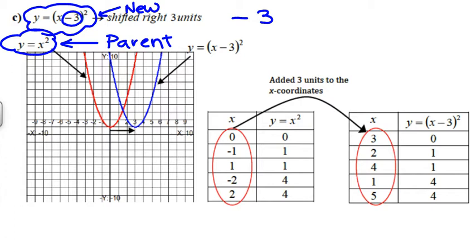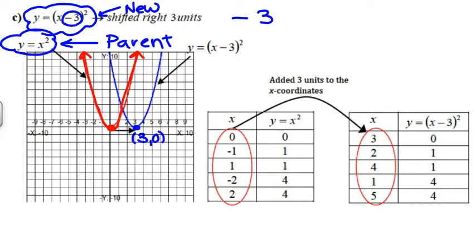So in the red is our parent, our parabola. And now imagine shifting right 3 units. So if here is our origin, 0, 0, it's going to shift to the right 3 units, to 3, 0.